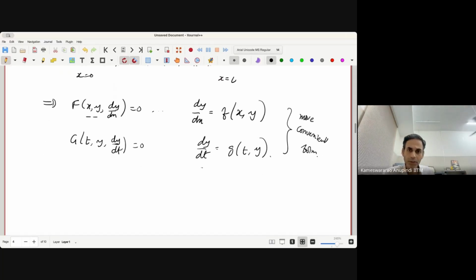Okay, so with this, let us look at what different methods are available to solve ODEs numerically. The first one is known as the Taylor series method.